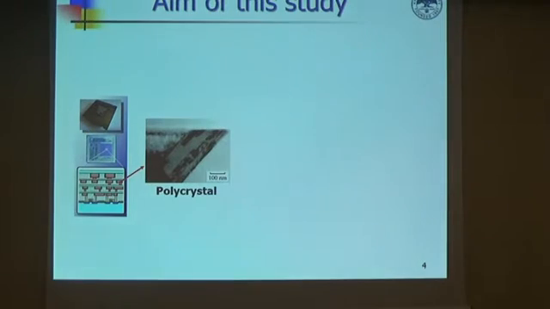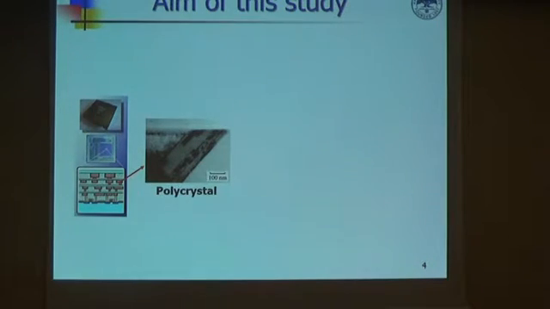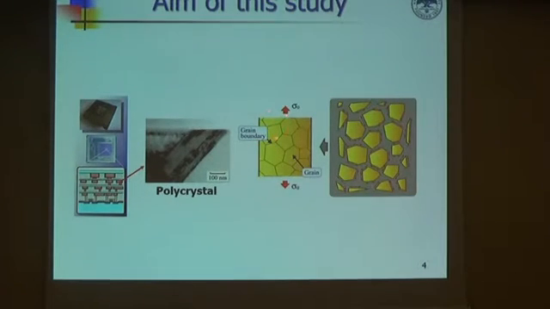So in this work, as a next step, we were interested in the high cycle fatigue behavior of polycrystalline metals. When an external load is applied to polycrystalline material, a microscopic stress field, which is due to the deformation constraint between grains, will appear inside the material.